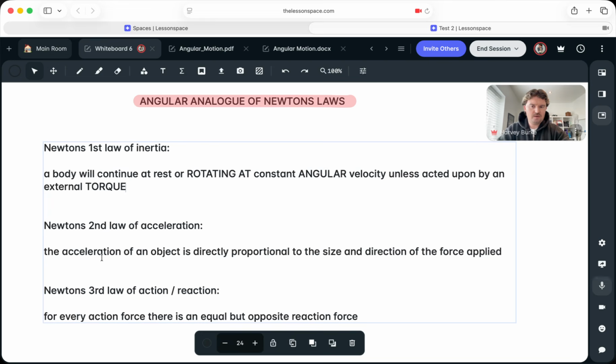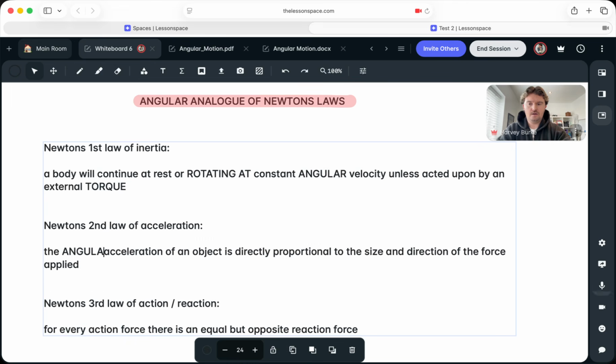So it says the acceleration of an object is directly proportional to the size and the direction of the force applied. So to adapt this now for angular motion, we just put the angular acceleration of an object is directly proportional to the size and the direction of the torque applied.